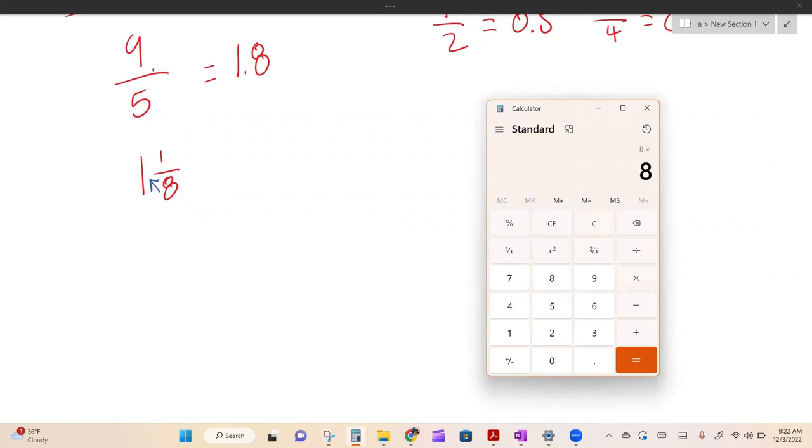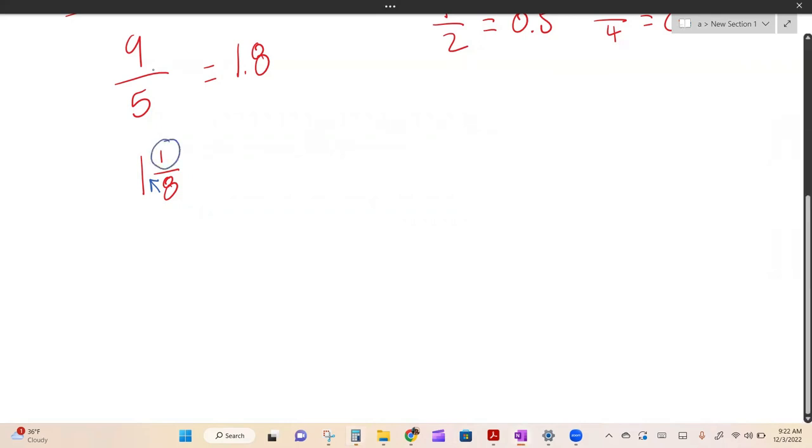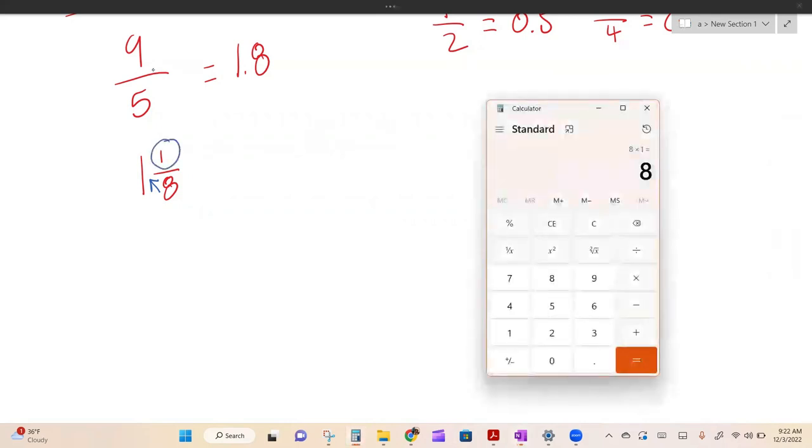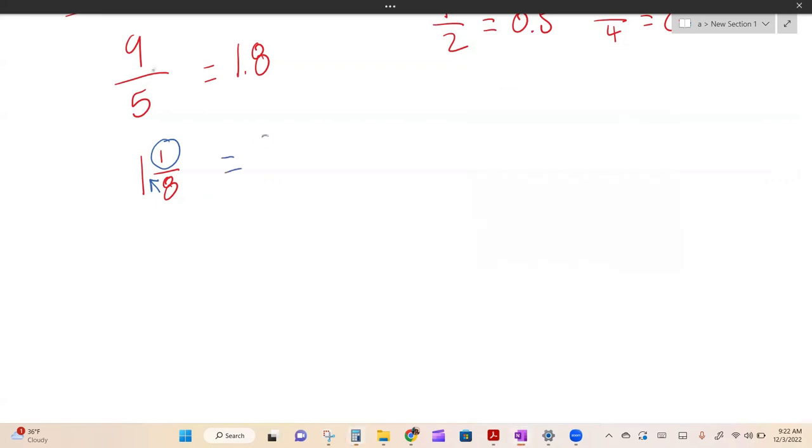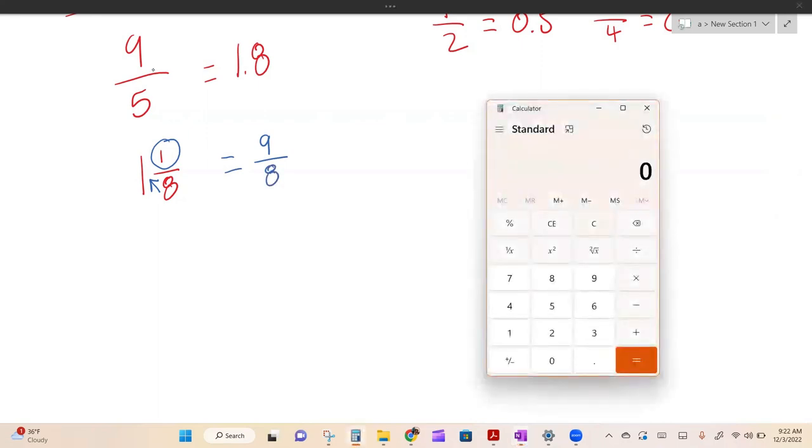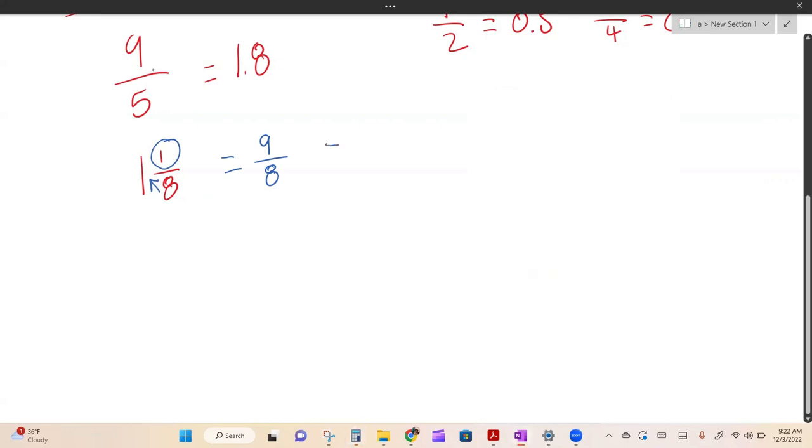So 8 times 1. And then we're going to add the numerator, so plus 1. Now I have 9, which is going to be my top number, and my 8 will stay. So now if I want to find the decimal version, I would do 9 divided by 8, and I get 1.125.